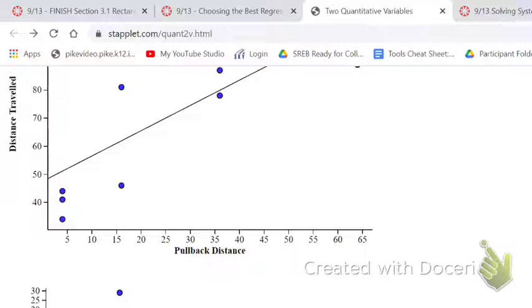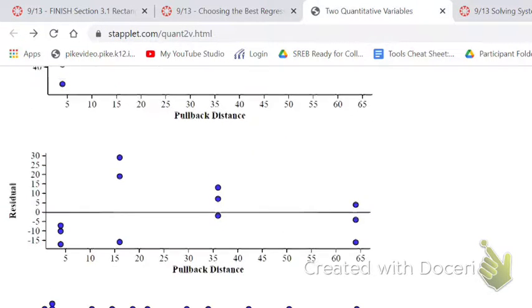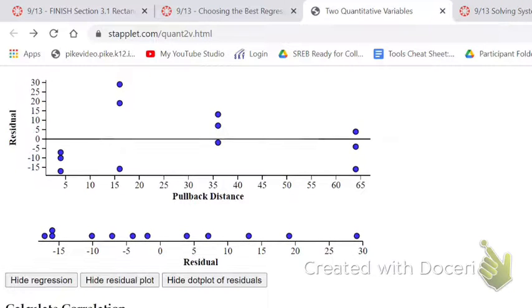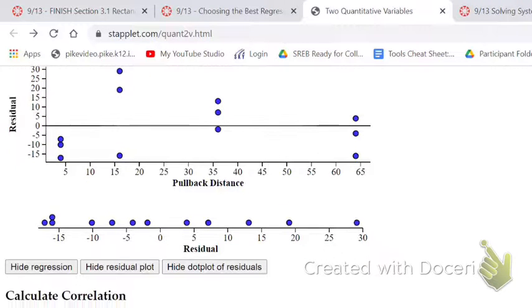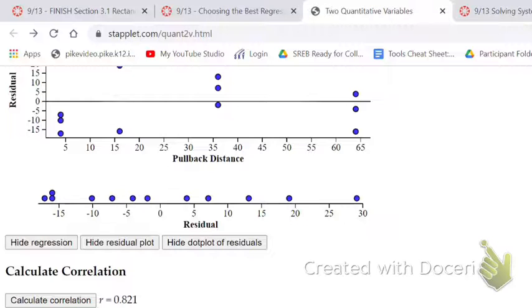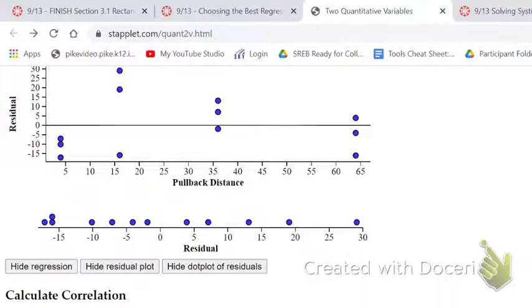You guys okay if I put the residual plot up higher? So there's our residual plot.